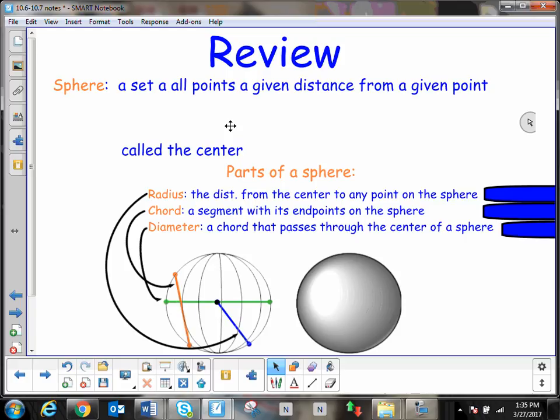Make sure you draw a radius. That's what I already drew for you, but they didn't draw the chord and they didn't draw a diameter on your picture, so do that on your notes page.